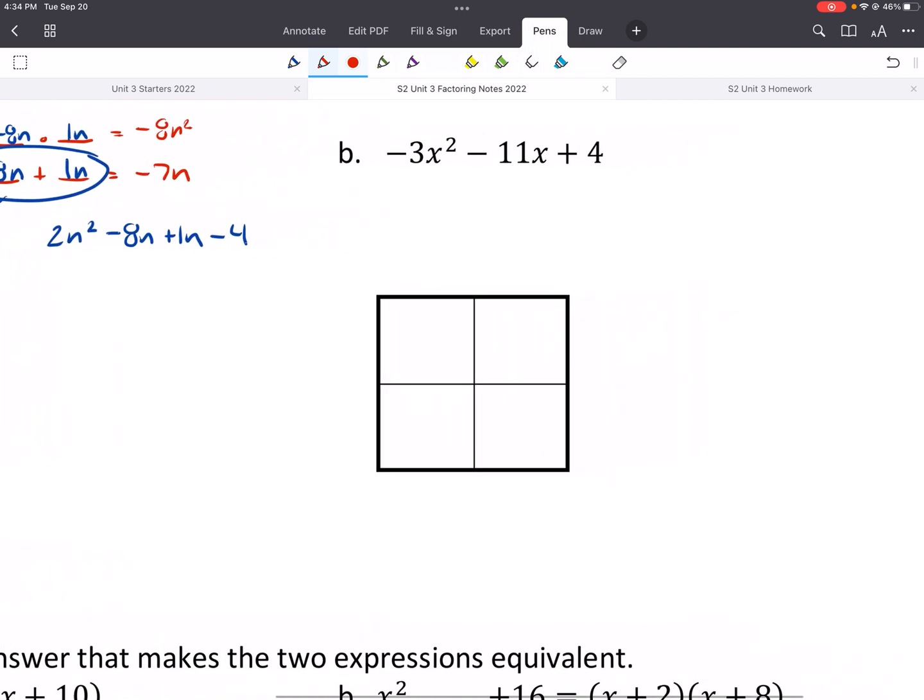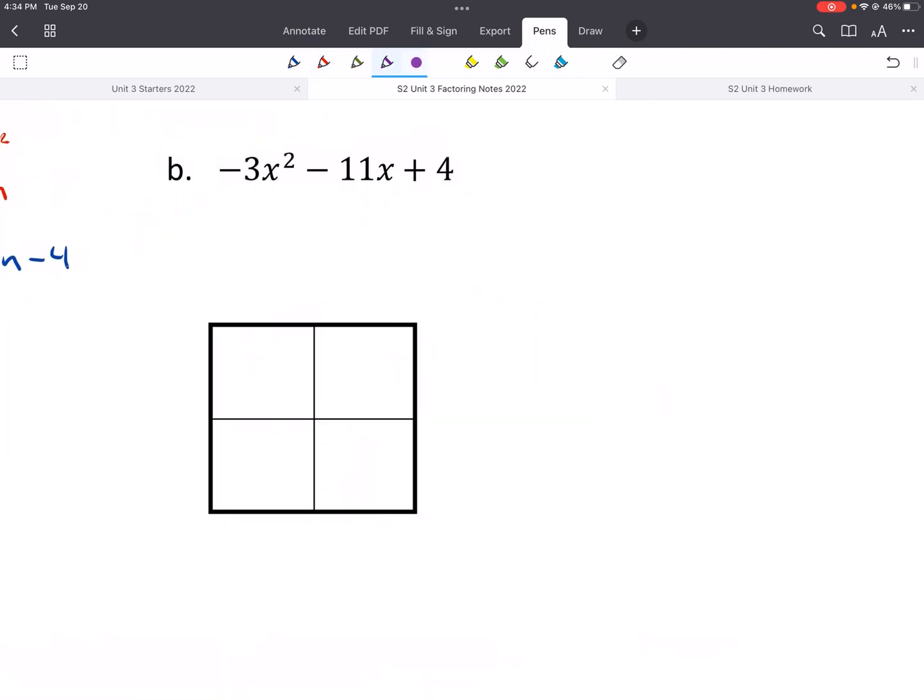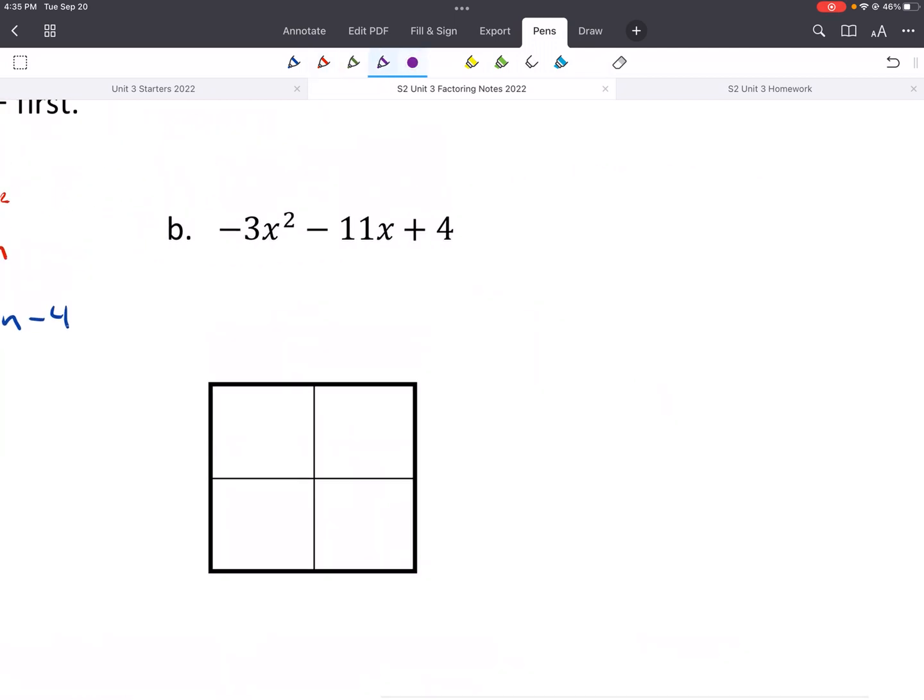Alright, so pause and give this one a try, if you would. Alright, so greatest common factor, you might be tempted to say there isn't one, so I'm just going to do glasses. But again, a leading negative is a greatest common factor.